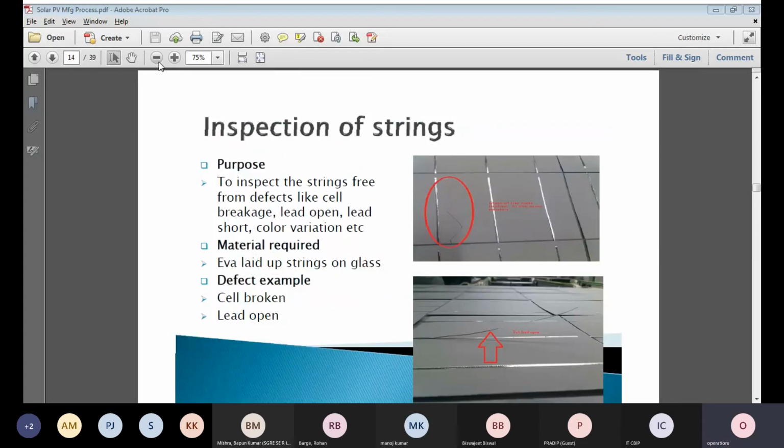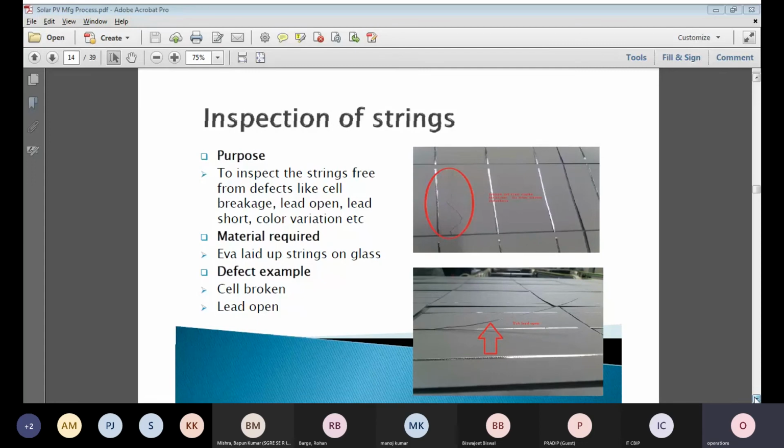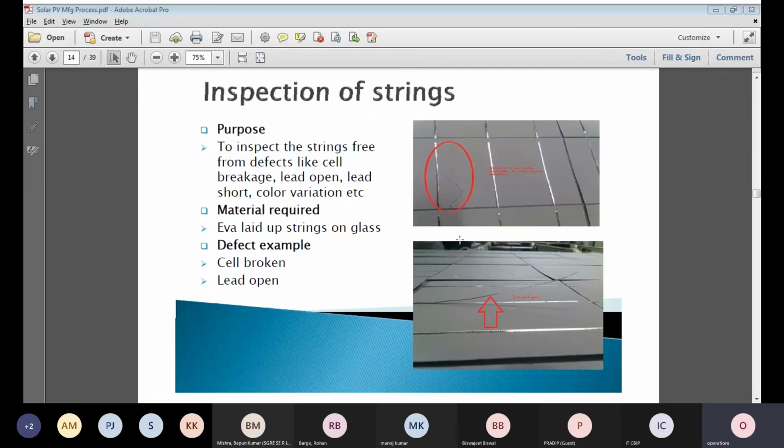And again, inspection of strings. While doing this process, these are the problems we can get from the machinery: improper soldering, and cracks. Before laminating we must check, because after lamination we can't do anything.